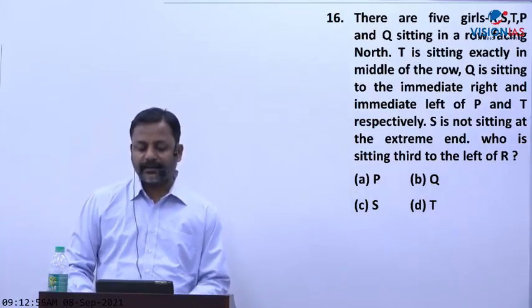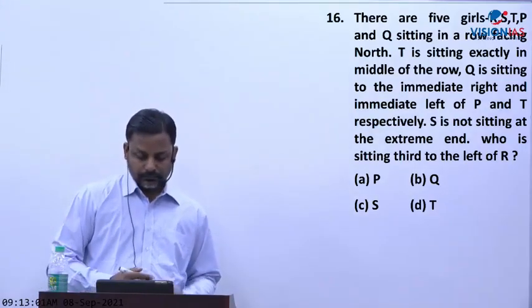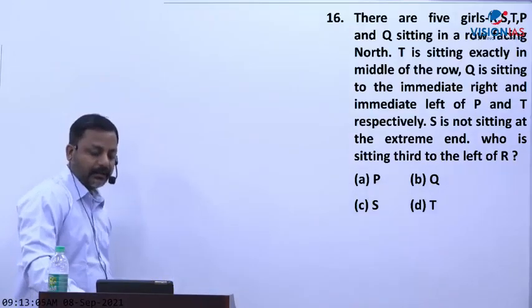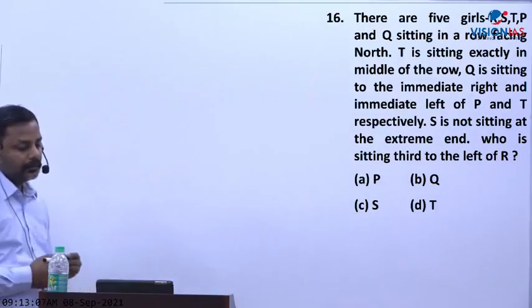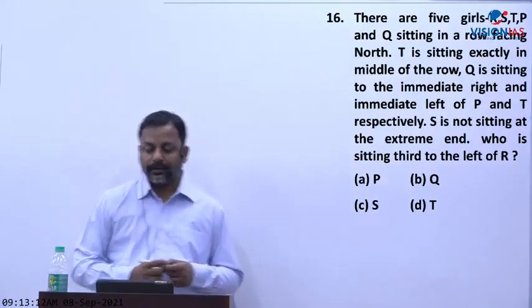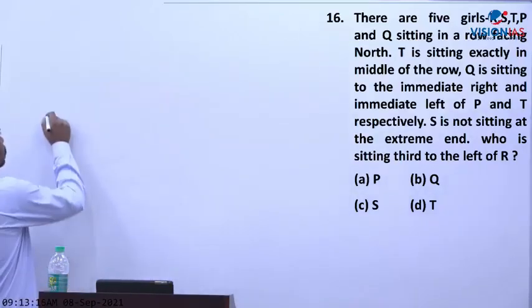T is sitting exactly in the middle of the row. Q is sitting to the immediate right and immediate left of P and T respectively. S is not sitting at the extreme end. Then who is sitting third to the left of R?